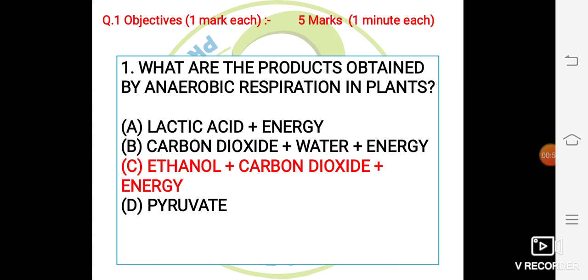Lactic acid plus energy, carbon dioxide plus water plus energy, this is what we get in aerobic. Ethanol, carbon dioxide and energy, and pyruvates. So C is the answer. Ethanol and carbon dioxide plus energy is what we get in yeast, and this is the answer for this objective.